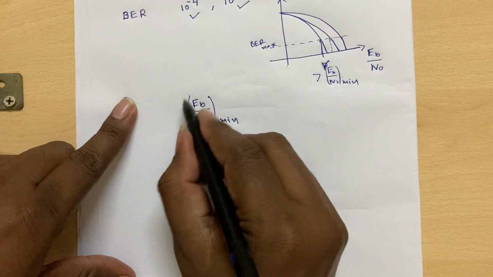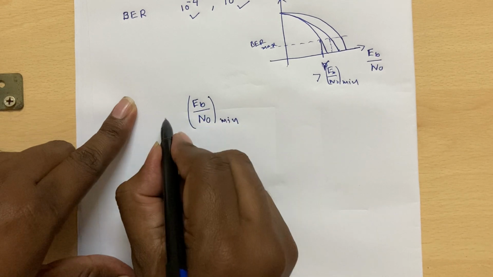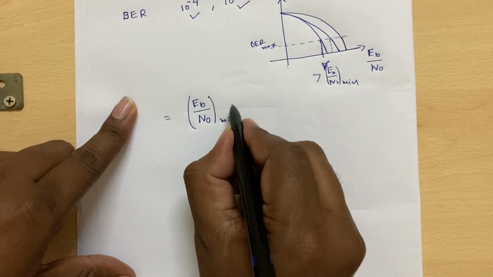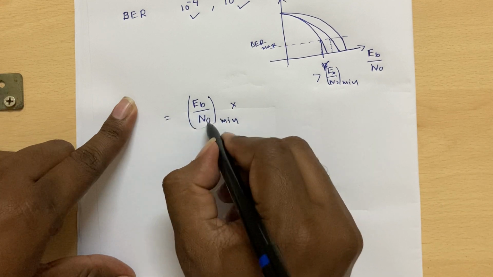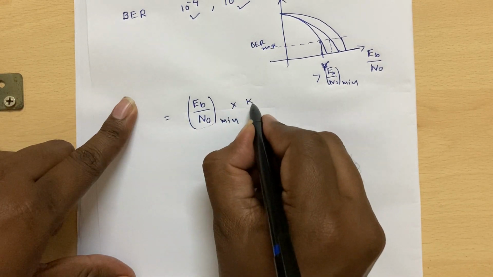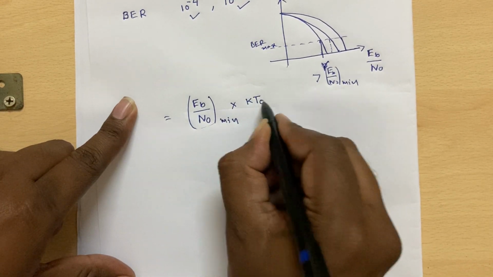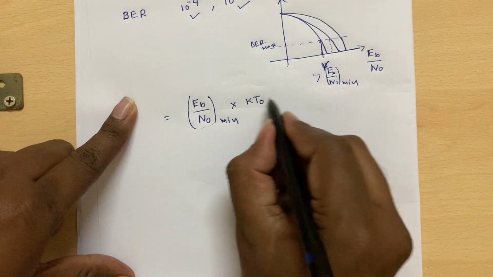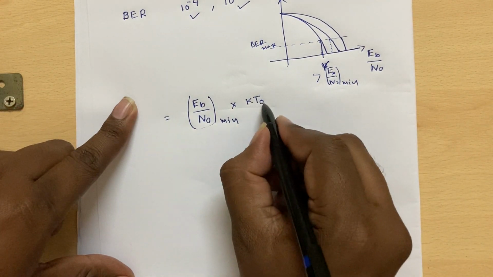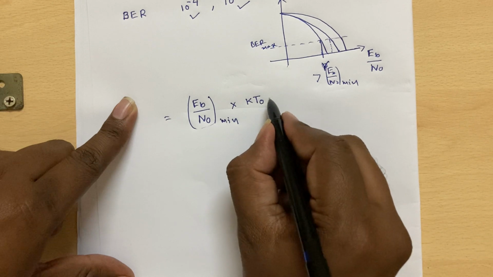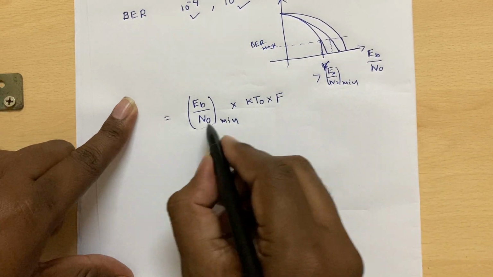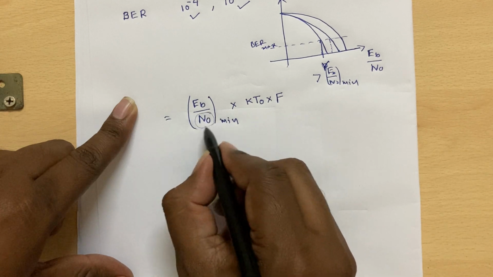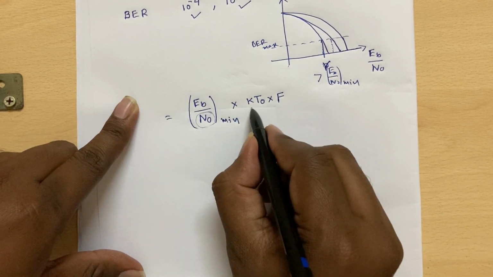So we just have to convert this ratio to power level. So what you do is you multiply this with what? This is actually the thermal noise power spectral density, which is equal to K T naught, means input noise temperature, or you can write KTA also. K T naught means room temperature, and into F. So this is actually the input to the detector. So what is the input to the detector?